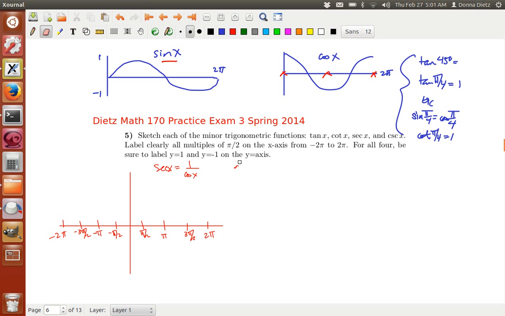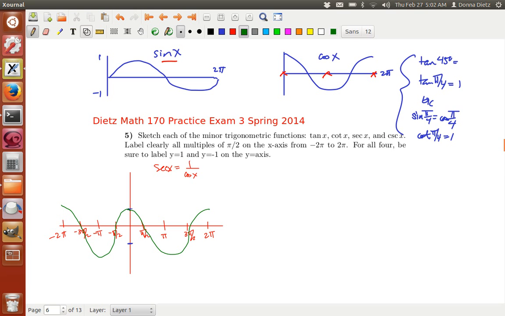So what I can do is draw the cosine curve and then erase it later. You're welcome to keep the cosine curve in there, I don't care. But say I have a 1 and a minus 1, which is requested. And the cosine curve looks like that.